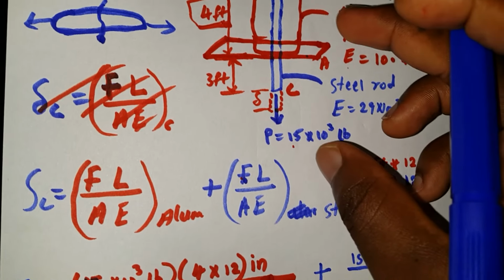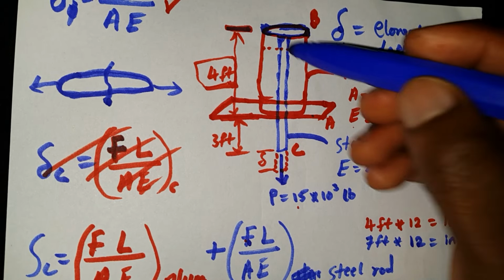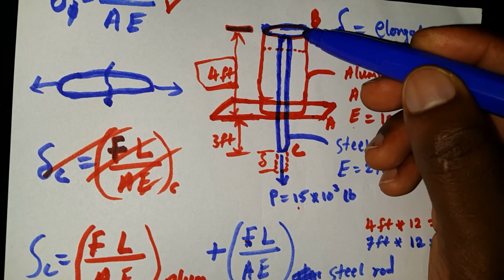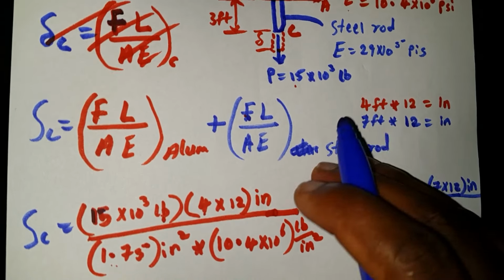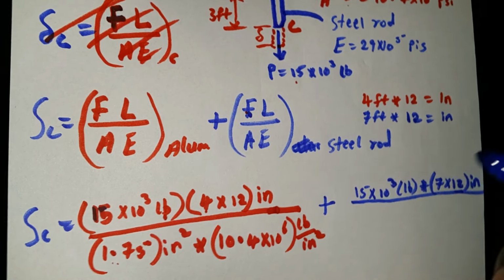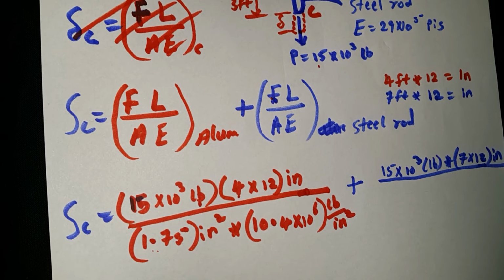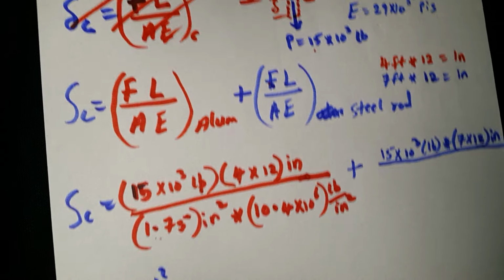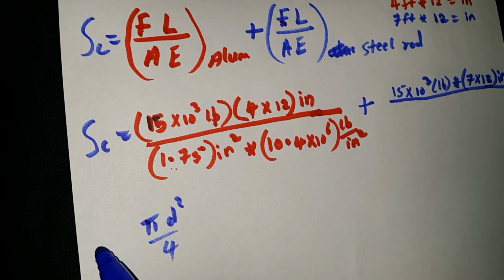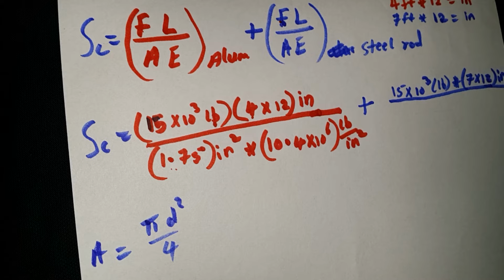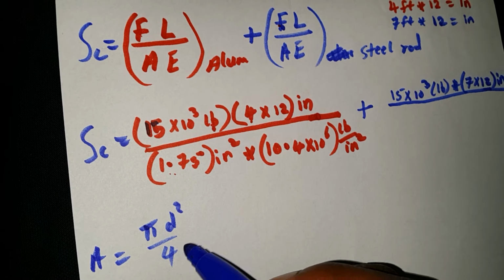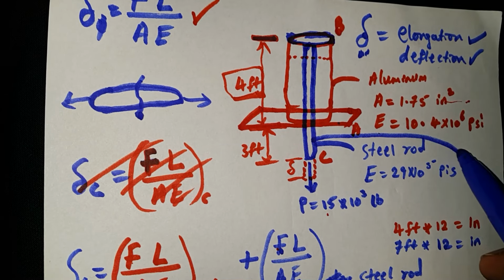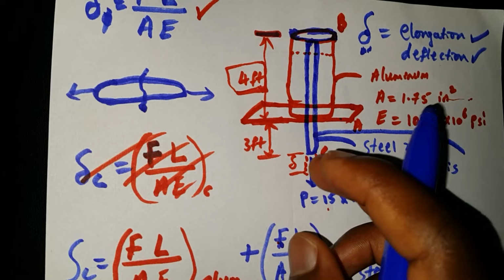This is a cylindrical rod. We know the area of a cylinder. We say pi d squared over 4. This formula is the area of a cylinder. The diameter of this rod is said to be given.